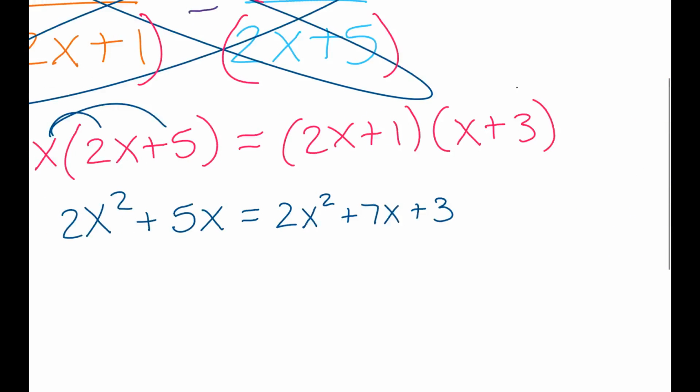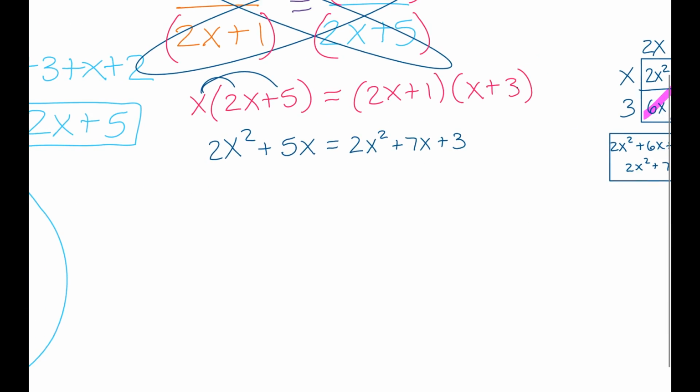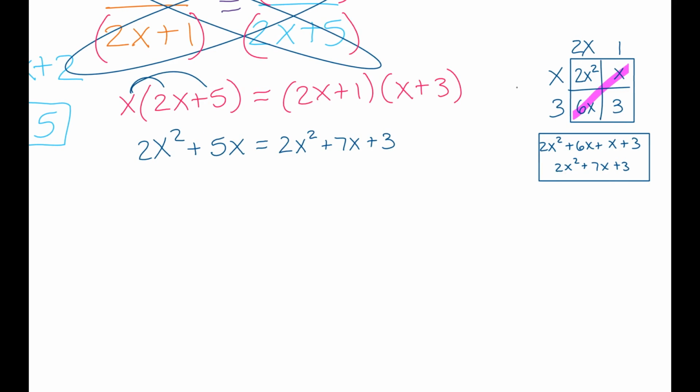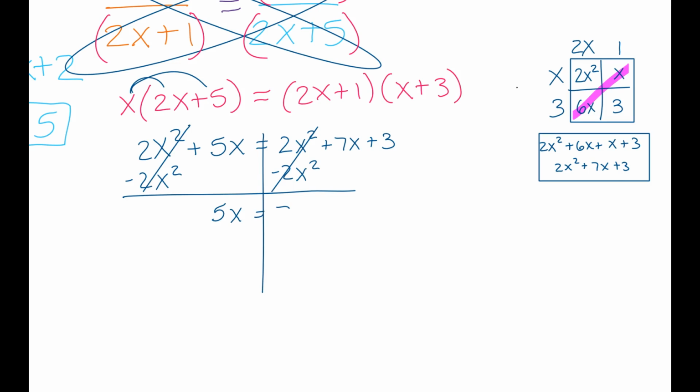Okay. So now what do we do to solve? Subtract what? Good. And those cancel out. And I bring down the 5x and the 7x and the 3. And now what?